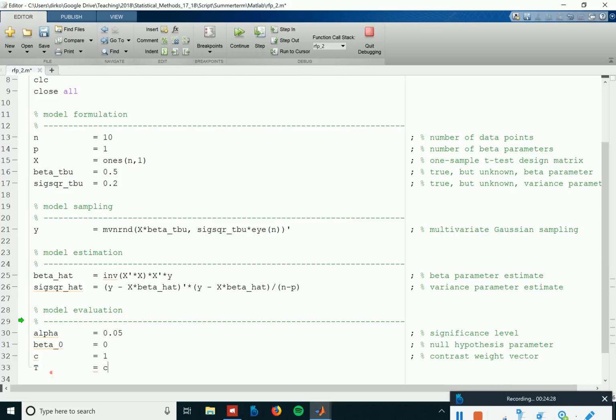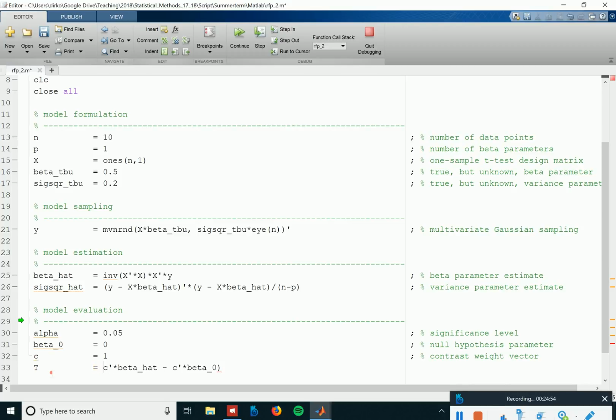We multiply our contrast weight vector with the estimate and subtract from it, let's do this in brackets, our beta 0, but this is 0, so nothing happens there.